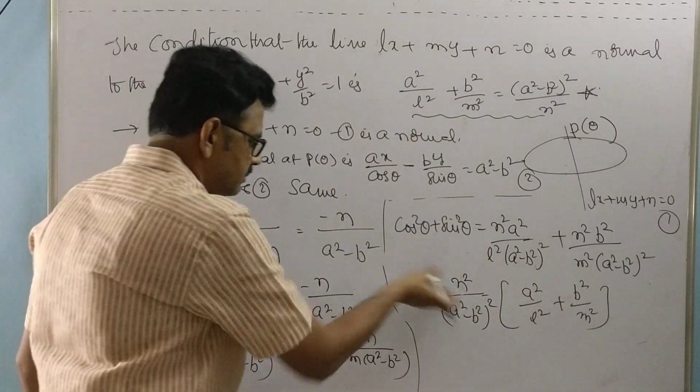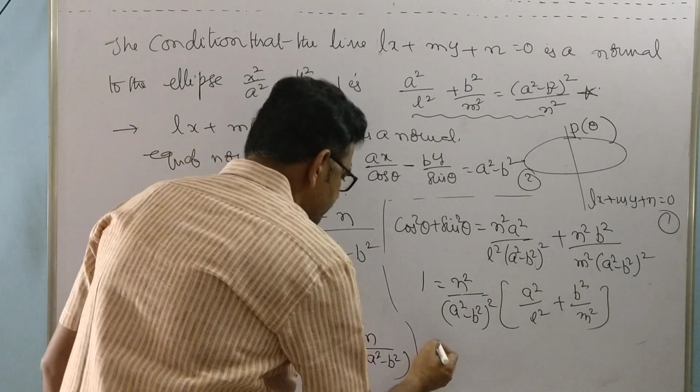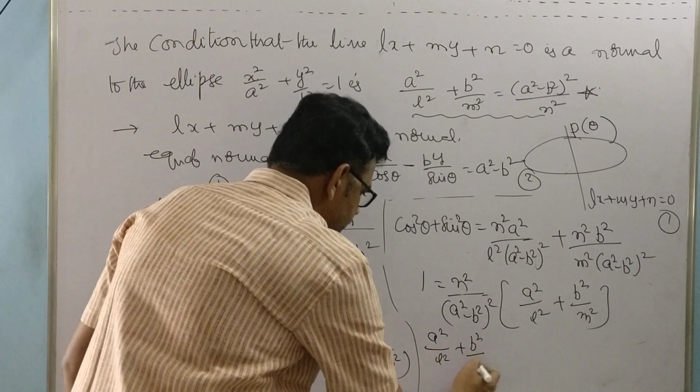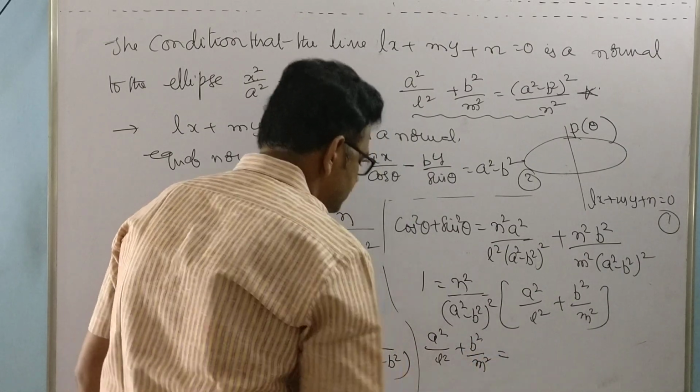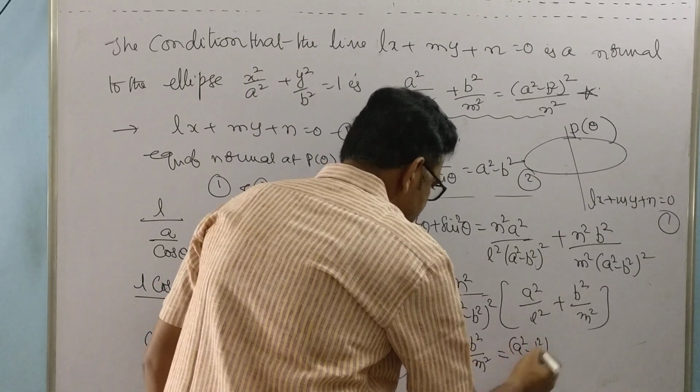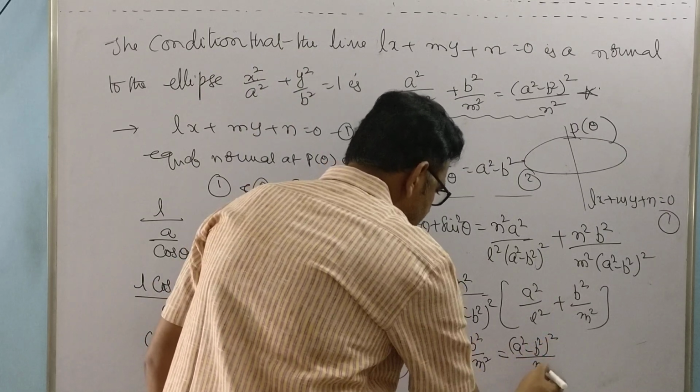Now this part we take this side. That implies A square by L square plus B square by M square is equal to A square minus B square whole square by N square.